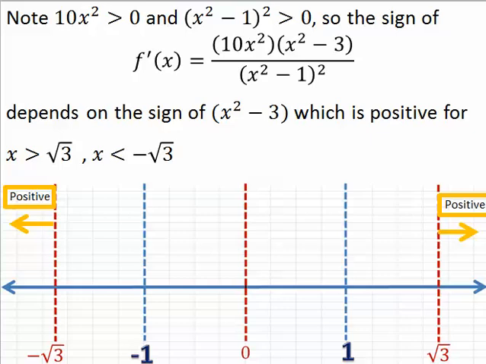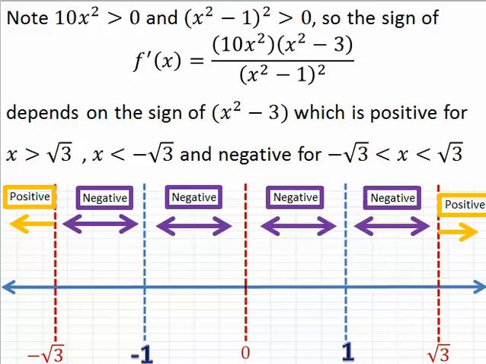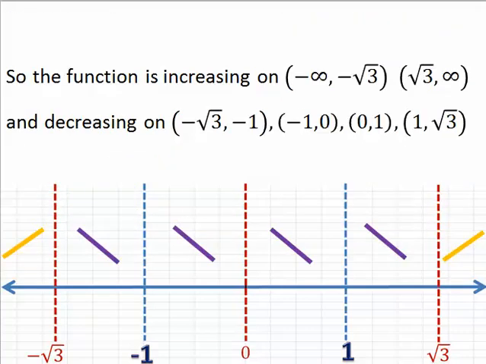x squared minus 3 is positive beyond negative radical 3 and beyond positive radical 3. And it's negative in between those 2 points. So the function is increasing up to negative radical 3 and beyond radical 3.